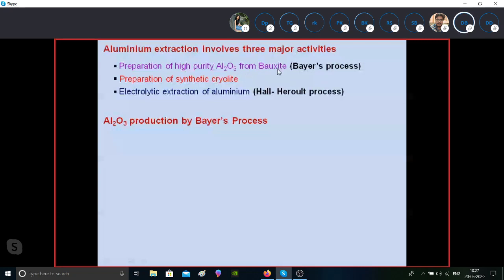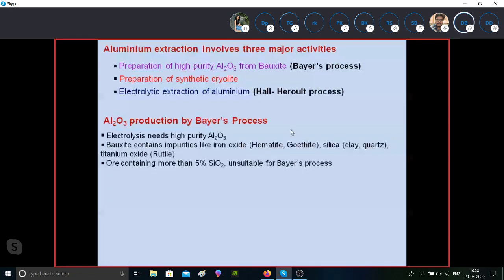The reason is that the electrolysis needs very, very high purity alumina, because otherwise, if it is loaded with any impurity, that will get co-deposited along with aluminium, so the required property can never be achieved.